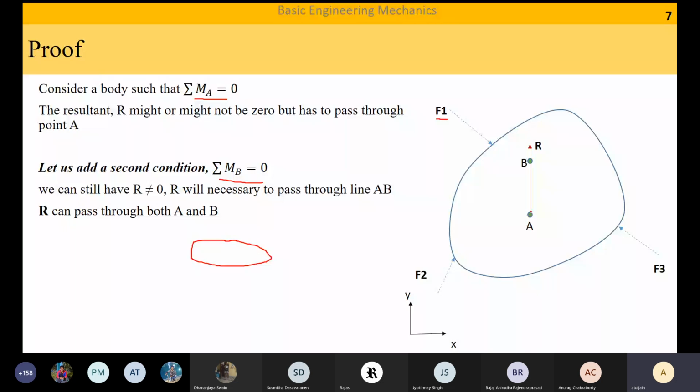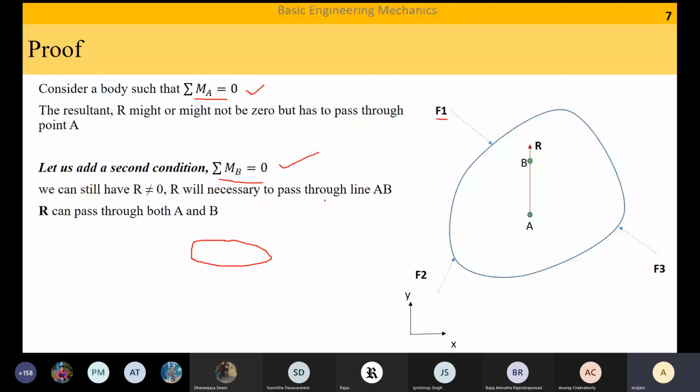If these two conditions are there, my body might or might not be in a state of equilibrium, because I can have a non-zero resultant R which is passing through points A and B. If a non-zero resultant is passing through points A and B, this condition is still satisfied. Both of these conditions are satisfied and R might or might not be zero.